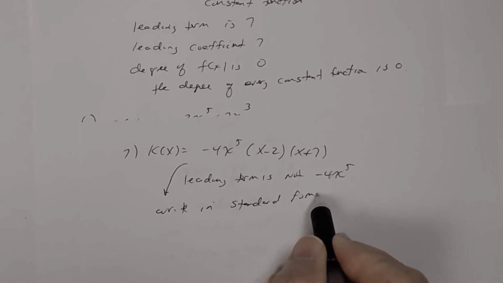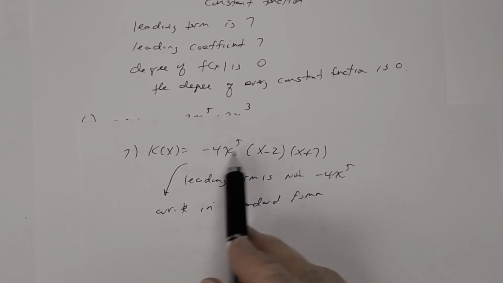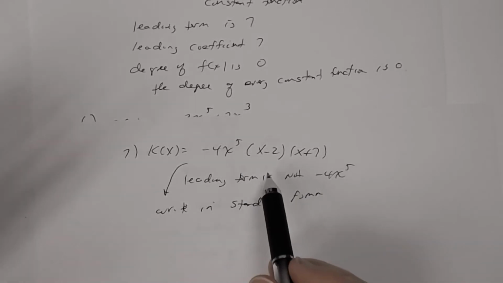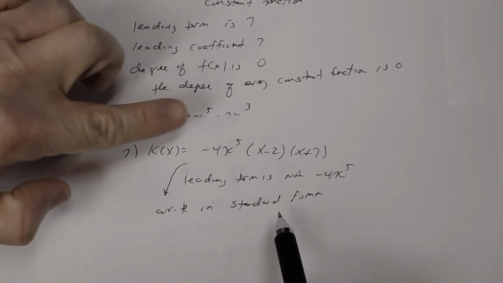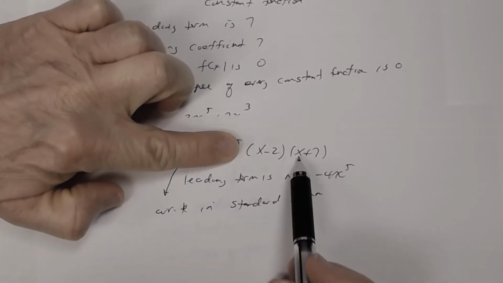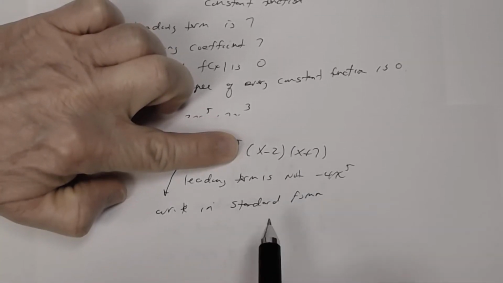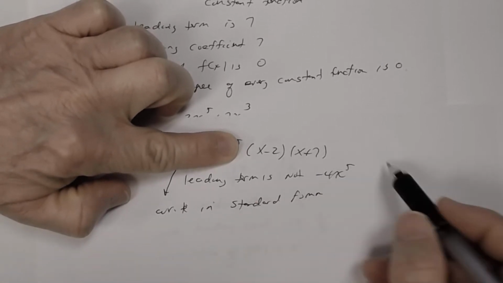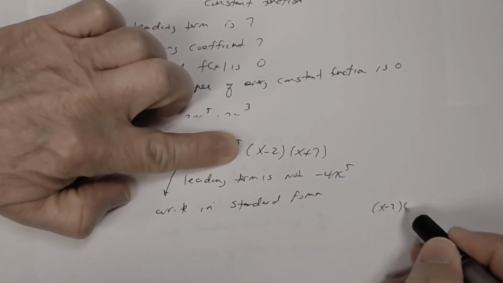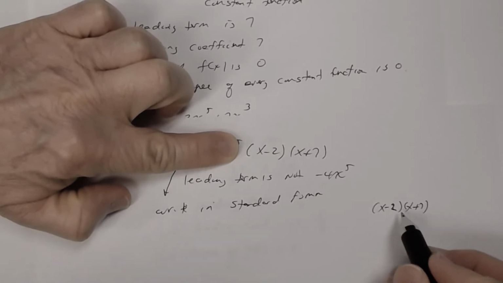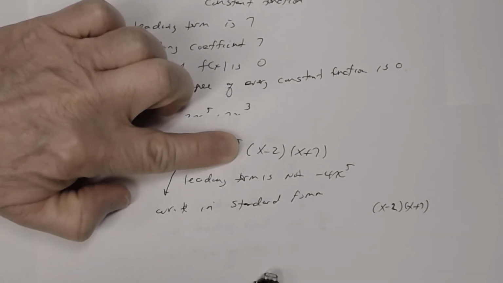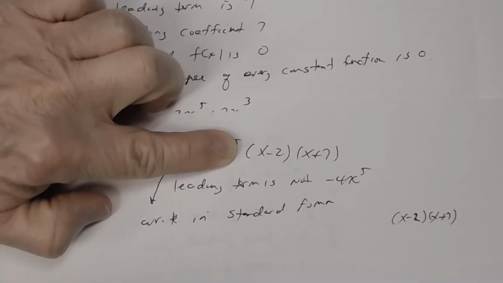So what's going to happen to put this in standard form is you're going to have to multiply this out. Now the way I would do this, remember multiplication is commutative. The order in which you multiply does not matter. So what I would do is I would multiply these two binomials first using the FOIL method. Okay, so x minus 2 times x plus 7 using FOIL, we'll go ahead and expand this.